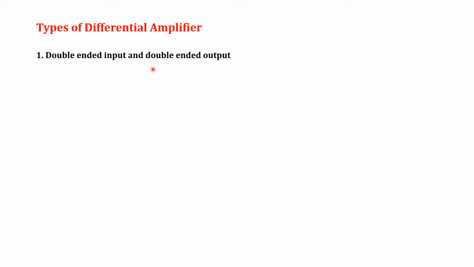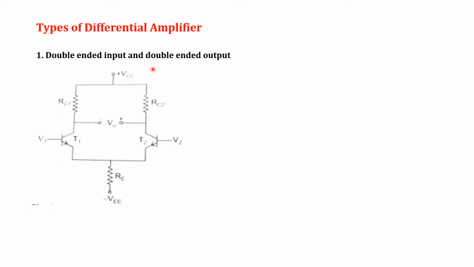In this type of amplifier, the two stages connected as shown form an emitter coupled differential amplifier.